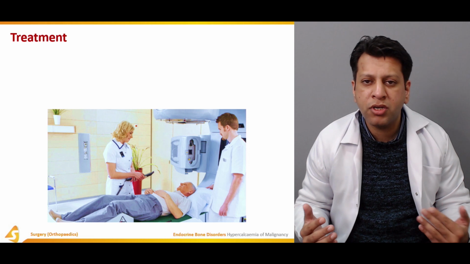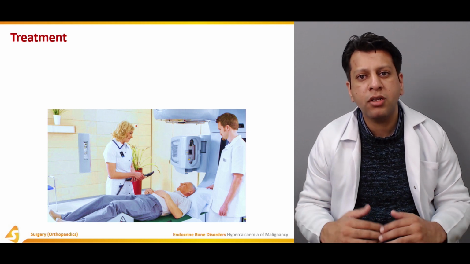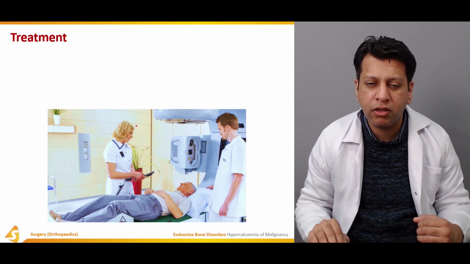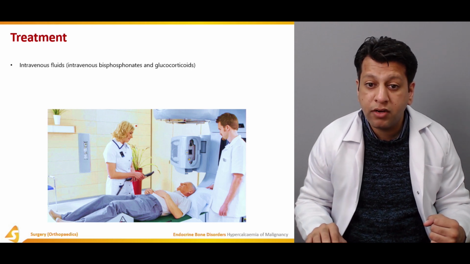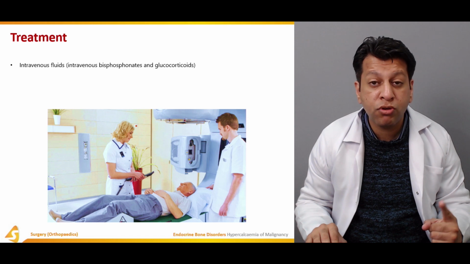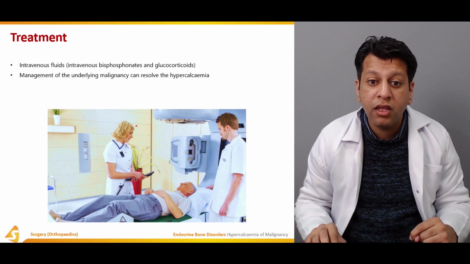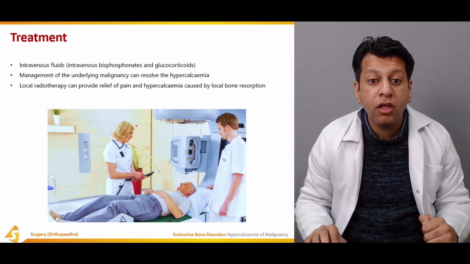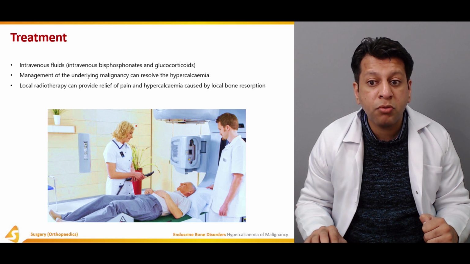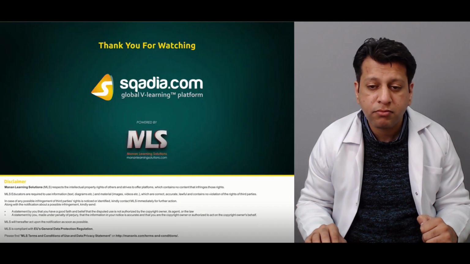It may be a combination of radiotherapy, chemotherapy, or surgery, depending upon the underlying cause. Intravenous fluids and bisphosphonates are for acute episodes. Management of the underlying malignancy can resolve hypercalcemia. Local radiotherapy can provide relief of pain and hypercalcemia caused by local bone resorption.